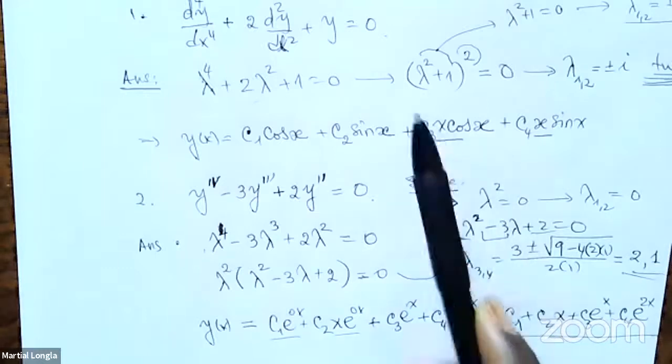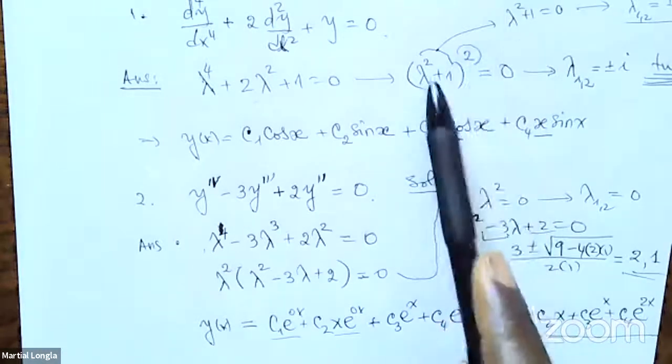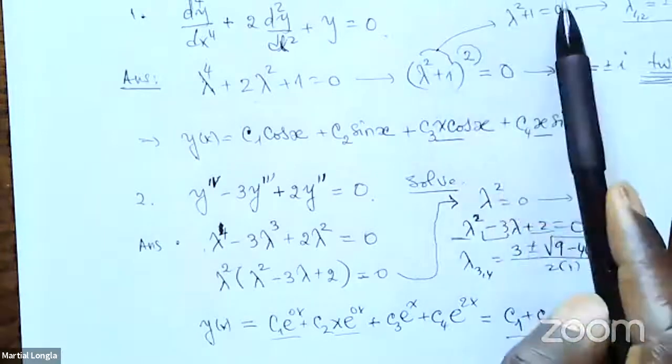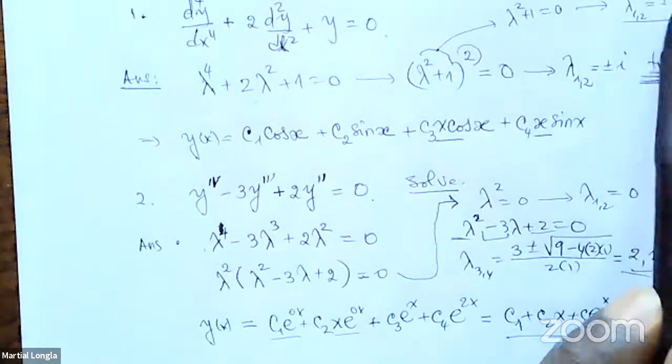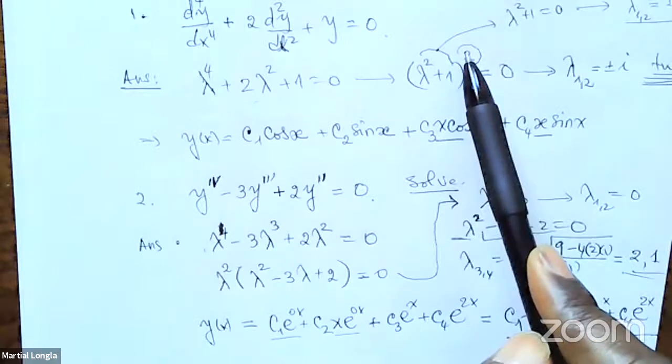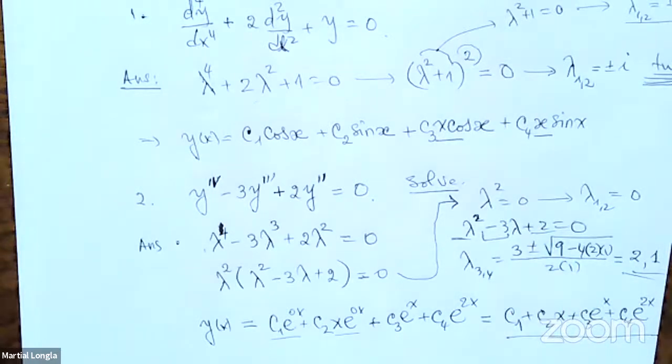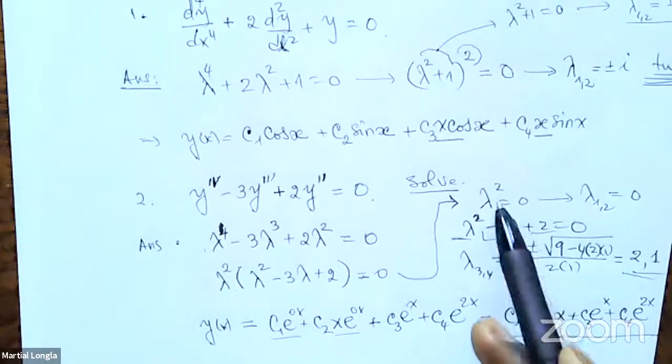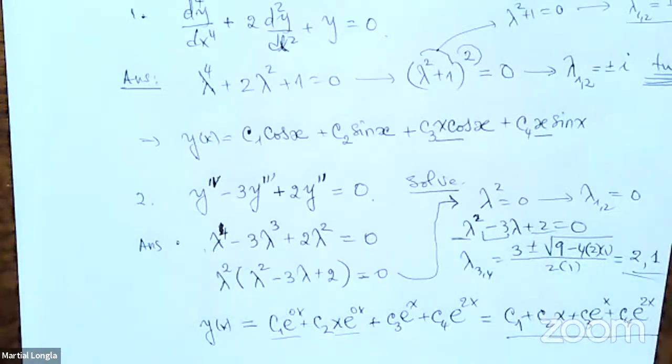Same as what we did on top with lambda squared plus 1 squared. I solve lambda squared plus 1 equals 0, that's plus minus i, and it's twice because of the square. If it wasn't lambda squared, if it was lambda plus 1 squared, then I would solve and get minus 1.